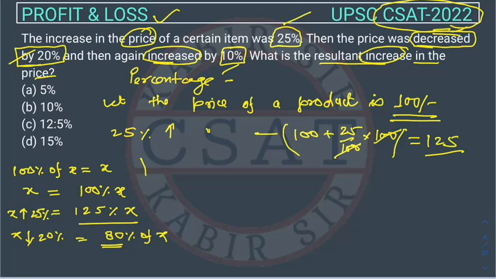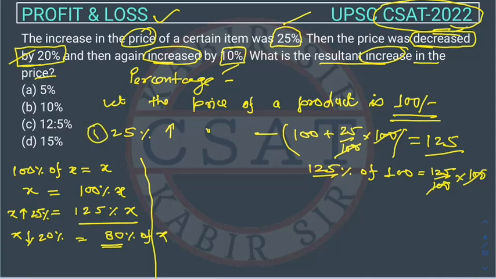Okay, so here we will use that thing only. So if there is 25% increment, we can directly write 125% of what we assume, 100. So 125 upon 100 into 100, this 100 will cancel this one, right? Now this is the first part.